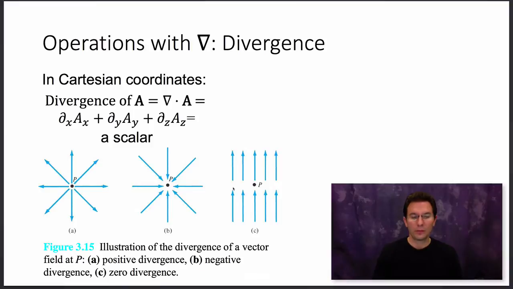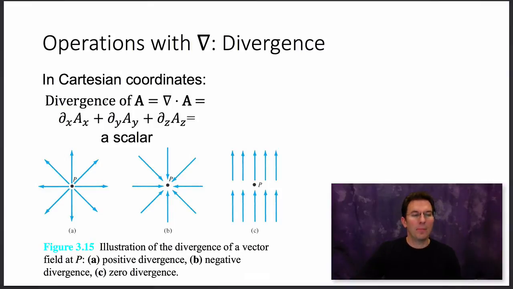One of the most important operations we will be doing with the gradient is the divergence, taking the divergence of various vector quantities. You'll see this sort of expression directly in Maxwell's equations. In Cartesian coordinates, the definition of the divergence is the following.